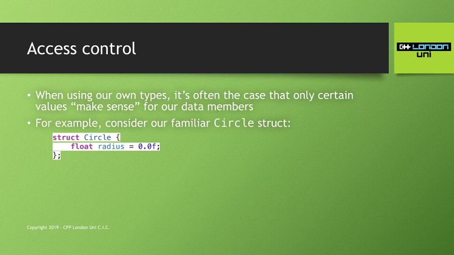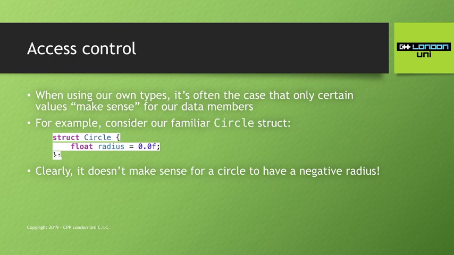It doesn't make any sense to have a negative radius. A radius of 0, you could argue, maybe that does have a valid representation, maybe that's just a point. But certainly a negative radius is meaningless. That's an error in your program. It doesn't make sense for a circle to have a negative radius.